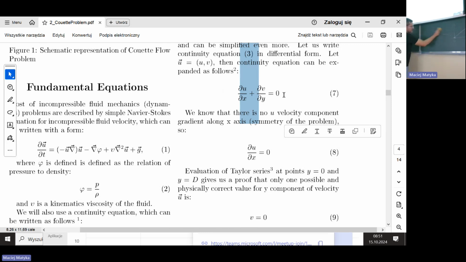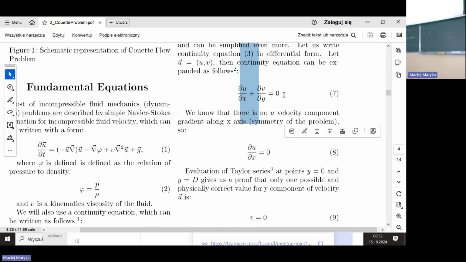Our velocity field here, we assume it's two-dimensional. It consists of two components, u and v. U is the x component, v is the y component. Now, the divergence of this can be written as du over dx, am I right? Yeah, plus dv over dy. So the divergence of this velocity field is this because this is a vector multiplication. Let's not go into details of math here, but it's basically that.